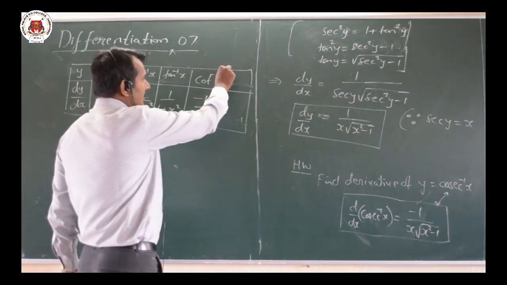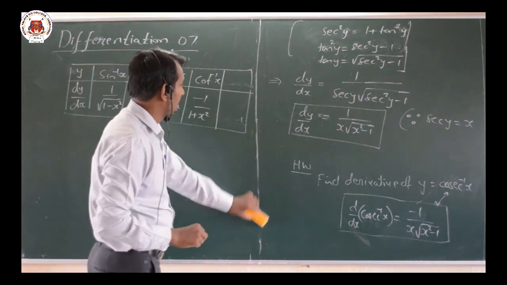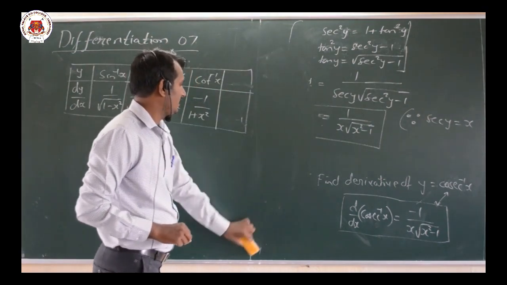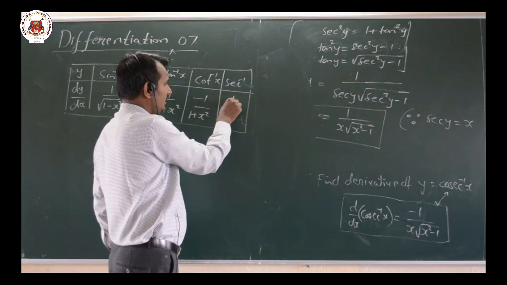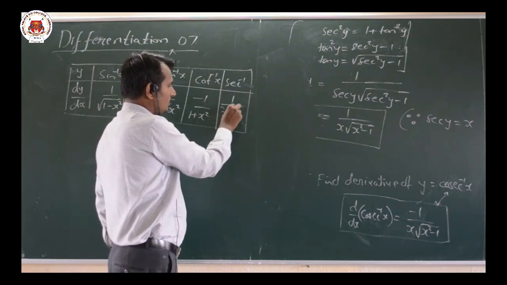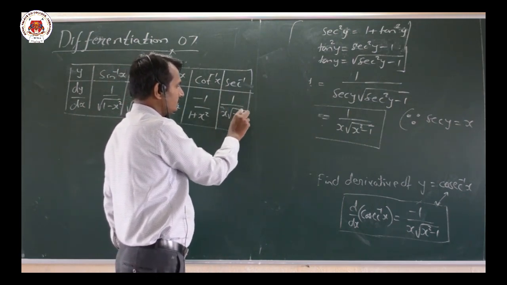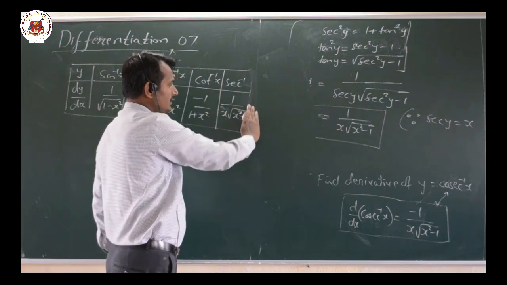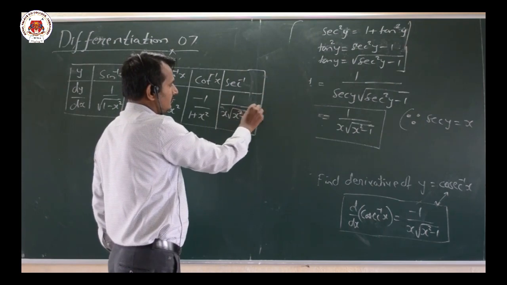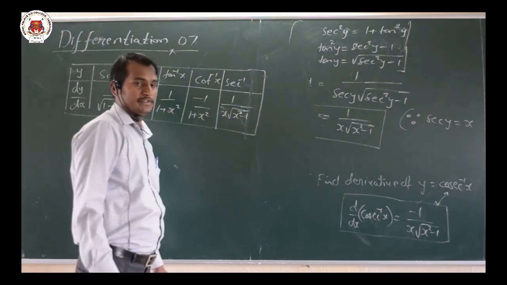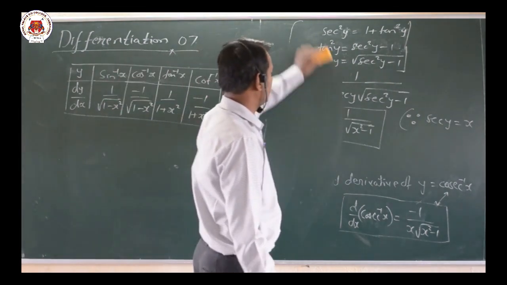And then at last we have secant inverse, which is 1 divided by x into root of x square minus 1. These are very simple examples. And the last one is cosecant inverse.